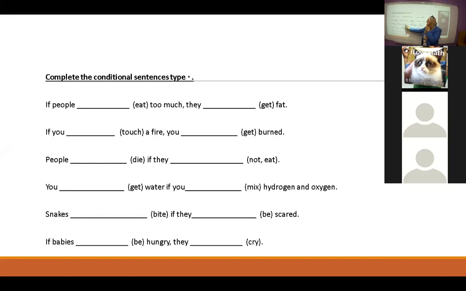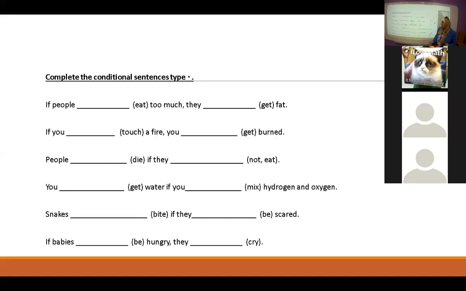Why shouldn't we say if they aren't eating? It's zero conditional, present simple, present simple. And for present simple with not, we either use do or does. How do we differentiate between do and does? It's up to the subject itself. If the subject is he, she, it, we use does. I, we, you, they, we use do. This is how we help ourselves when we work with grammar. Step by step, okay? They takes what don't, not doesn't.